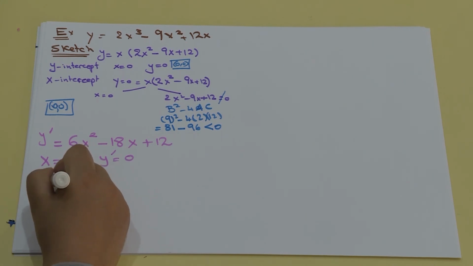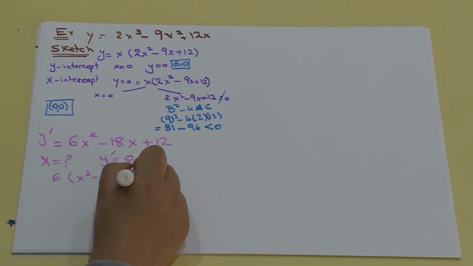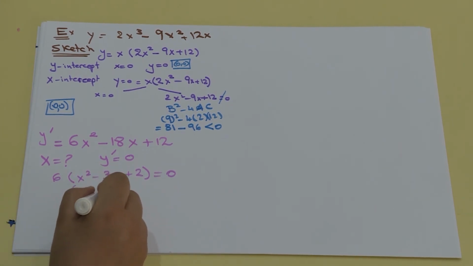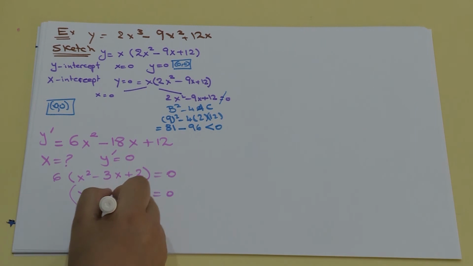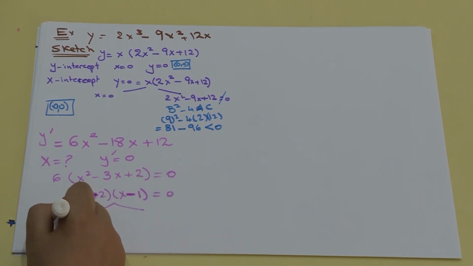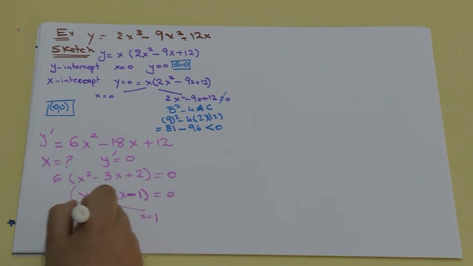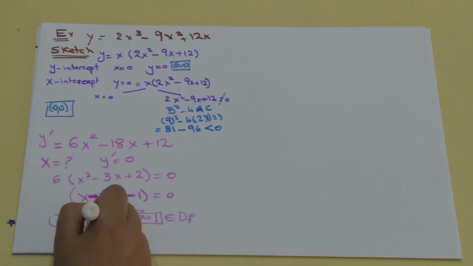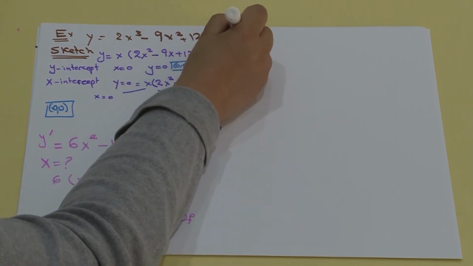I take 6 as a common factor. I have x squared minus 3x plus 2 equals 0. I can factor this: x minus 2, x minus 1 equals 0. Here I have two possibilities, either x equals 2 or x equals 1. And these are the critical values, because they belong to the domain of the function, as the function is a polynomial, so its domain is all real numbers.